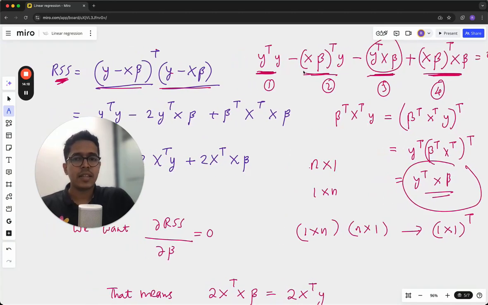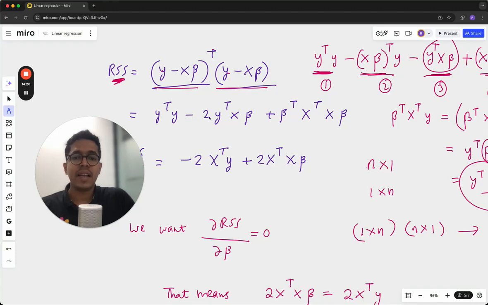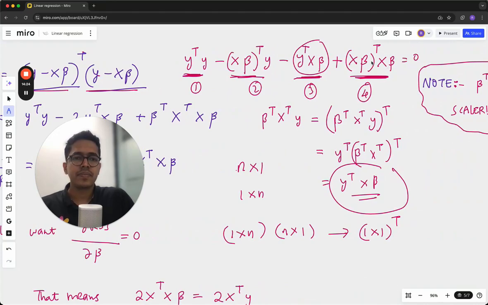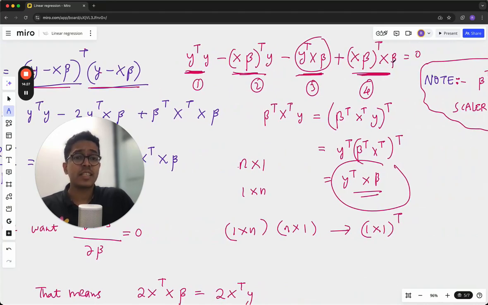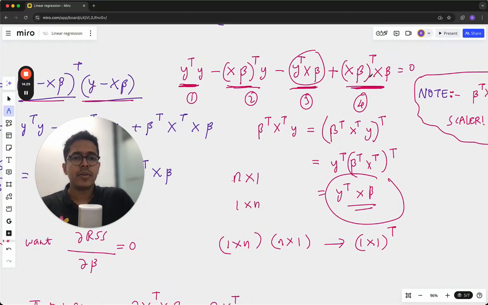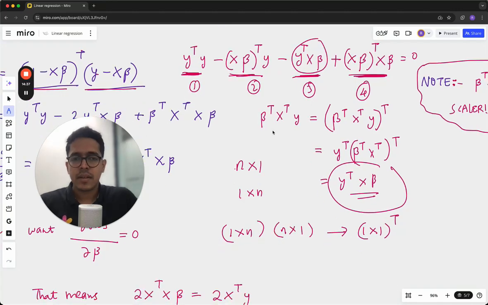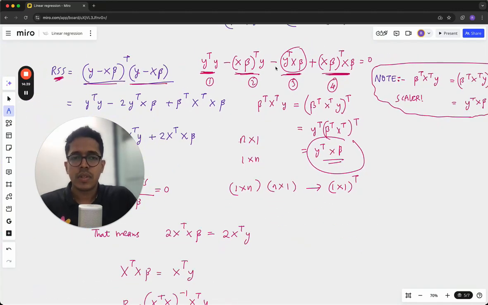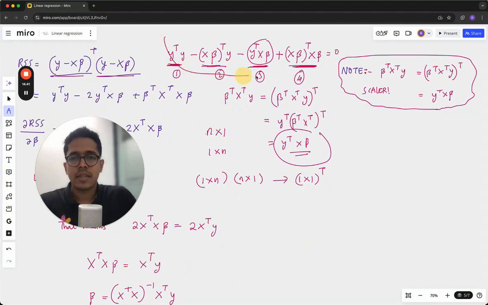There is a negative sign on both of them, so that is why it became minus 2 y transpose x beta. Plus the last term is beta transpose x transpose x beta, because when you expand this bracket term, the beta and x will flip: beta transpose x transpose x beta. Right? So let me maybe move this a bit aside, otherwise it is becoming a bit cluttered.